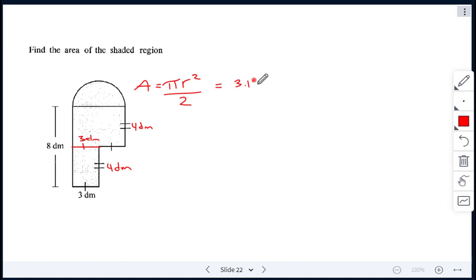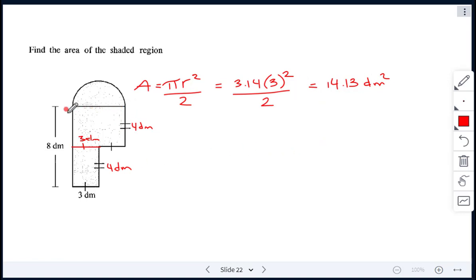So 3.14, the radius is 3, half of the diameter, so 3 squared, and then we're going to divide that by 2. When you do that, you should get 14.13 decimeters squared. So that is for the half circle.